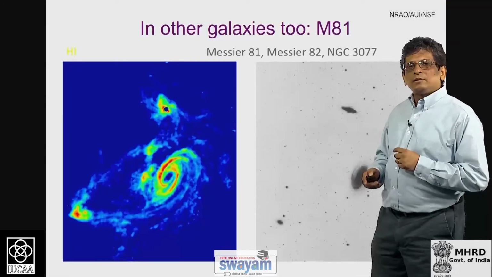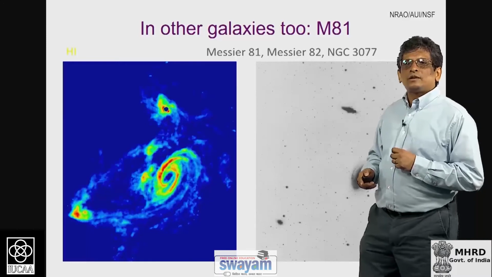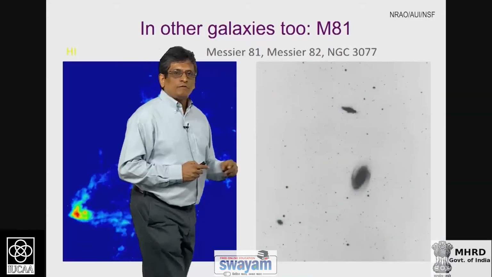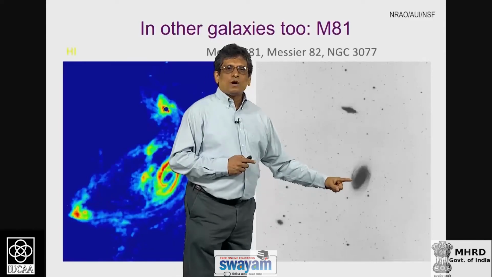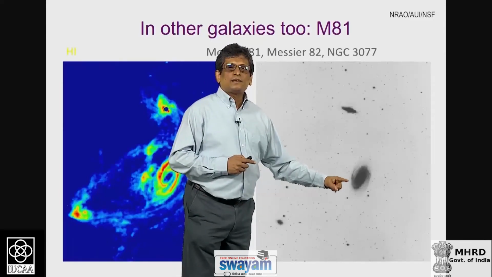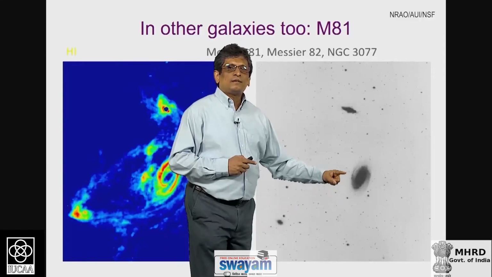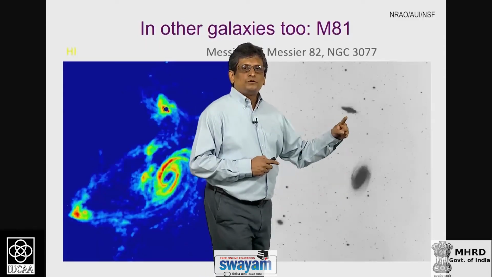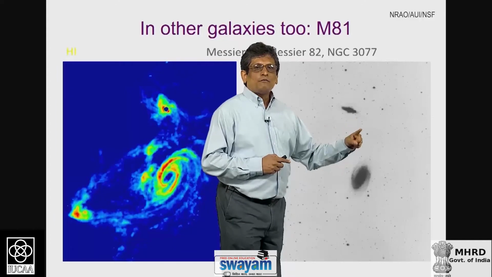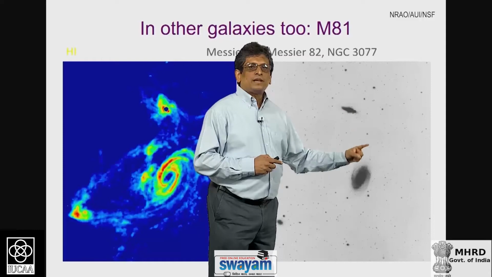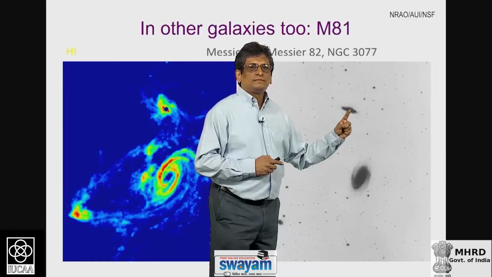Here is another example of a system called M81. Now if you look at the optical picture of this galaxy, here is M81, which is a spiral galaxy, and a very famous neighbor, a satellite galaxy called M82, lies here. Often people thought from this nice optical picture that they are very well separated and nothing is happening between them.